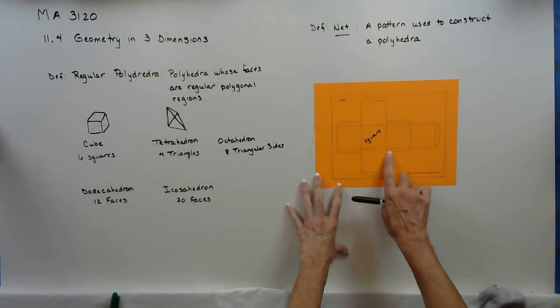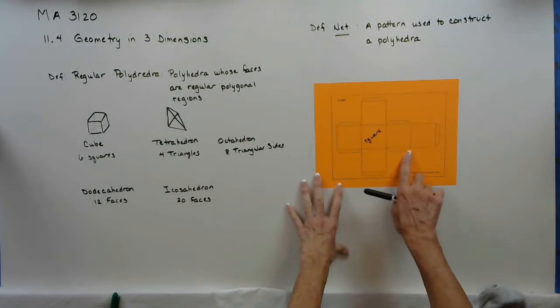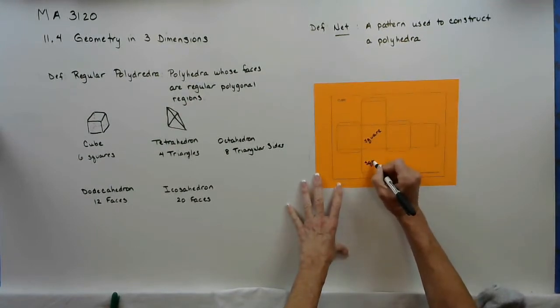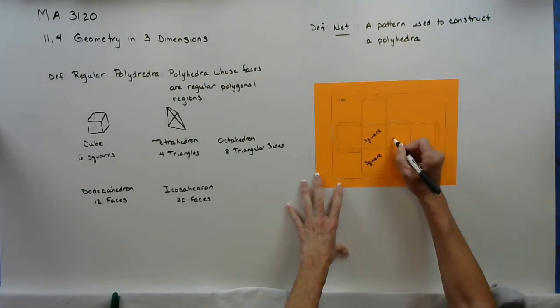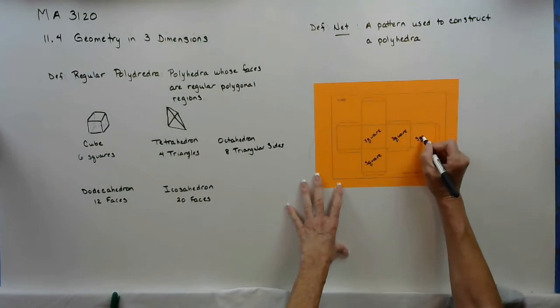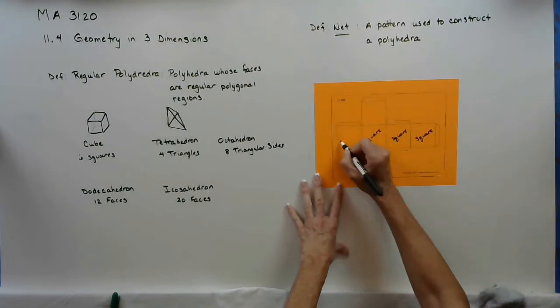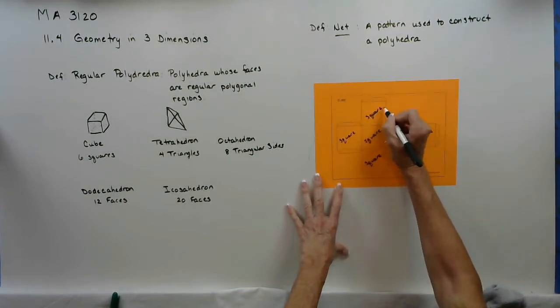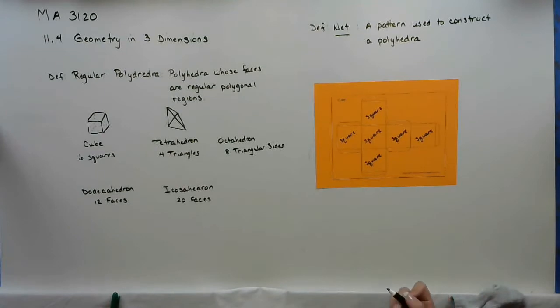They've included little tabs so that you could cut them out and tape them together. Each of these squares represents a face of this polyhedra, and since all of them are the same, it's regular, therefore it's called the cube.